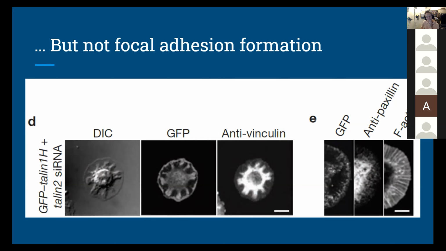In neither case could Talin 1 head cause the protein to go to the edge of the cell where it would need to be to actually form focal adhesions. In short, in figure 3, they found that the head domain of Talin 1 can activate the beta-1 integrin, but can't recruit the other parts of the focal adhesion complex.